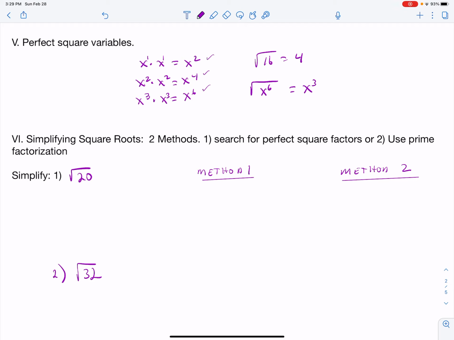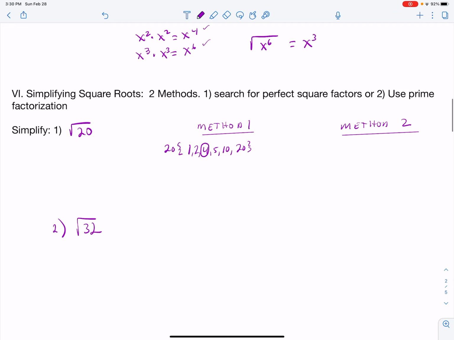So if I want to simplify the square root of 20, method 1 would be to factor 20 into 1 times 20, 2 times 10, and 4 times 5. So I've factored 20, okay? And now I look at that list of factors and I say, are any of those perfect squares? And sure enough, 4 is a perfect square.